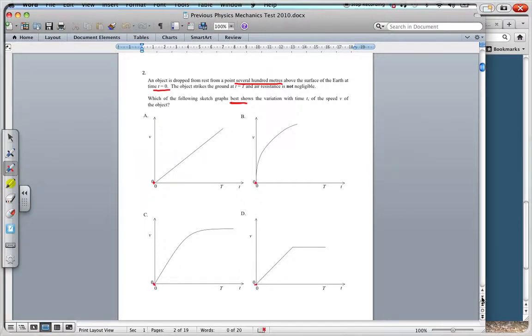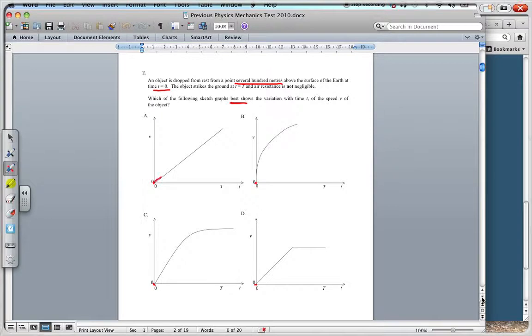But because you're going to get a terminal velocity at some point, the velocity would need to increase, but then the increase in the velocity is going to decrease, and it's going to plateau out. So actually C would obviously be the best one.